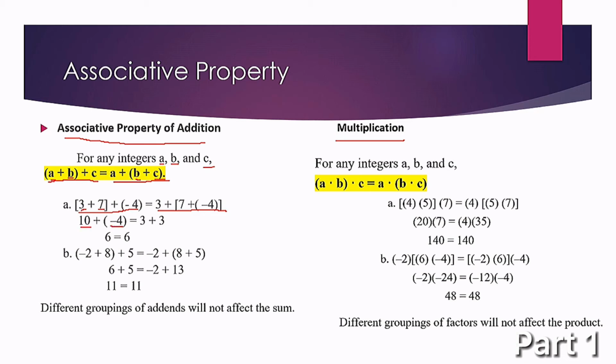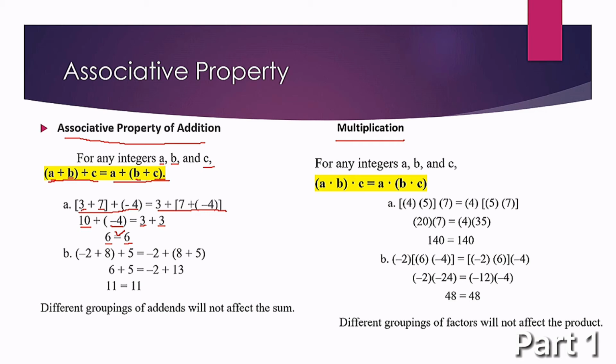Bring down negative 4, bring down 3, then 7 plus negative 4 is positive 3. So, applying the rules in addition of integers, we have 10 plus negative 4 is equal to positive 6. 3 plus 3 is equal to positive 6. So, therefore, the sum are not affected even they are grouped together.